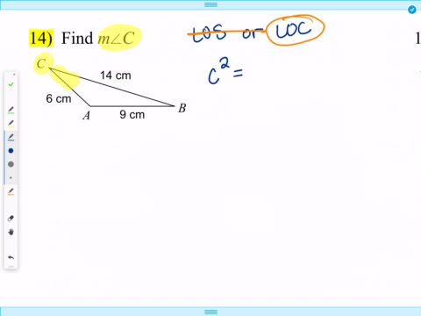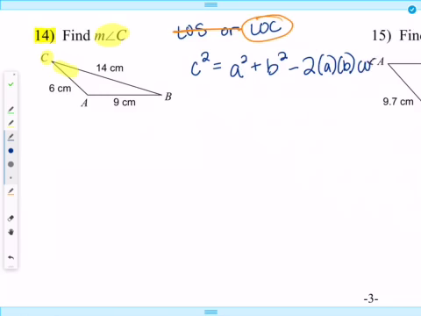C squared equals, and then you square the other two sides and add them together. So A squared plus B squared. Then it's minus 2. And you use those two sides that we just listed, A and B, and then it's going to be cosine of C, whichever angle or side that you're asked to find.